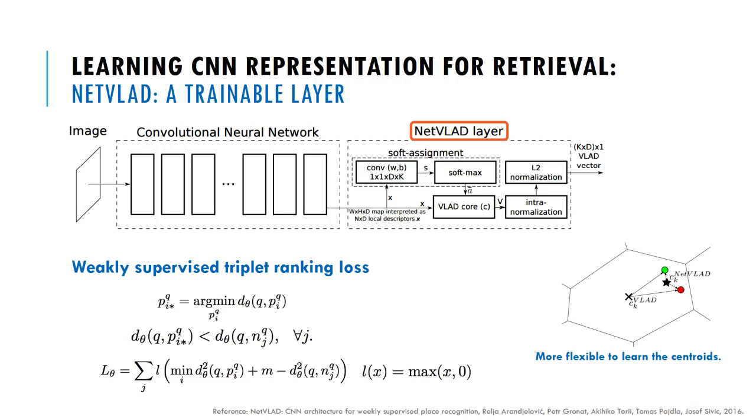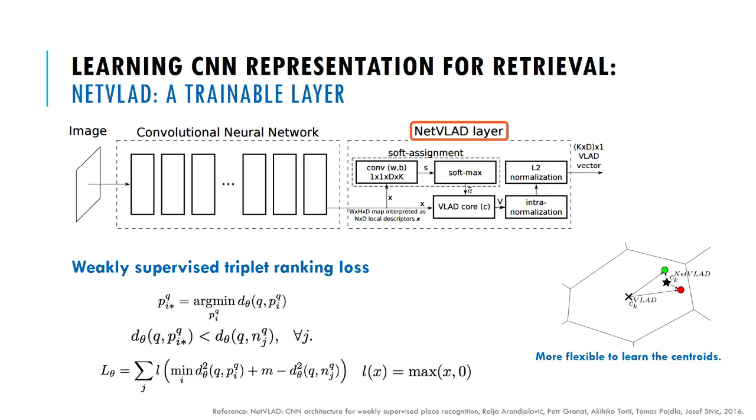And now NetVlad contains 3 parameters that can be learned. So the parameters, like I just discussed, are the 1-by-1 convolution above that we just mentioned, predicting the soft assignment as well. And in this figure, we can see that we also have this Vlad core. What Vlad core is going to be doing is operating on accumulating these residuals.